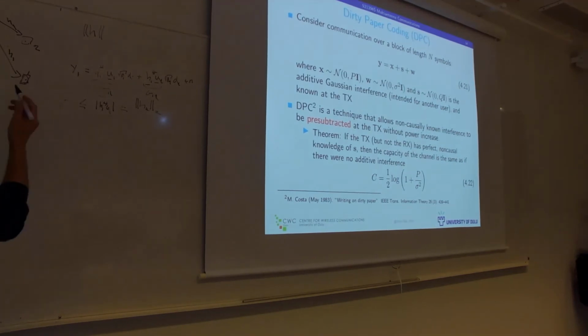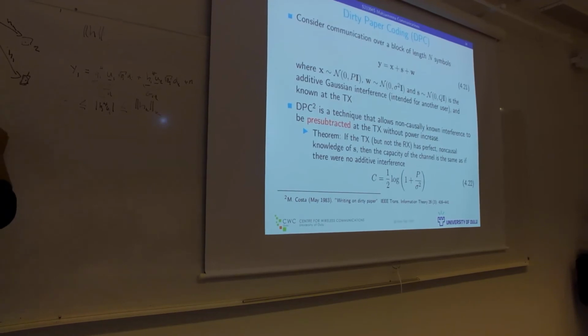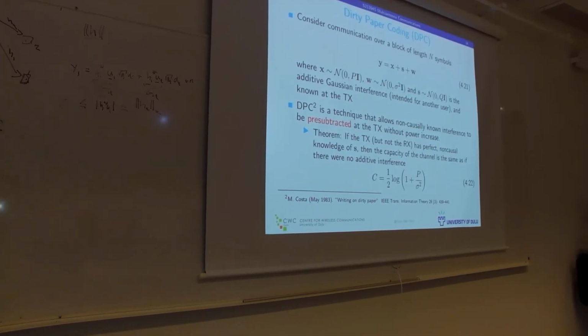So one very simple strategy we could use is to assign X to be equal to U minus S. It would cancel the S, so the receiver would not see it.